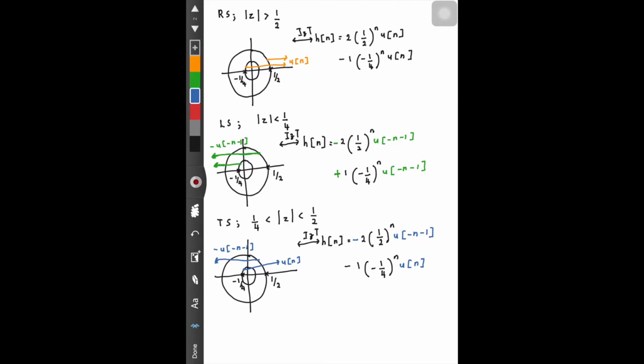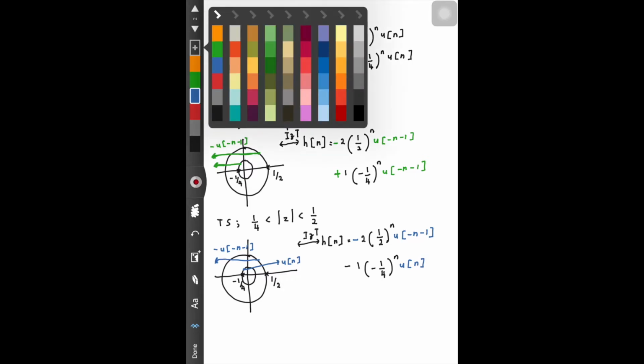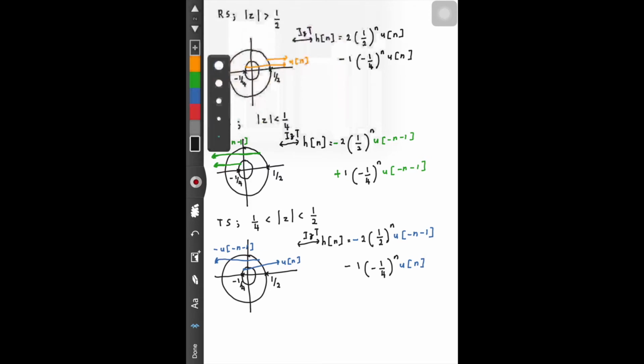Okay. Next, from the question, you have to state and reason out on stability and causality. So again, same thing. For you to reason out, for right-sided, it is causal because it is a right-sided region.